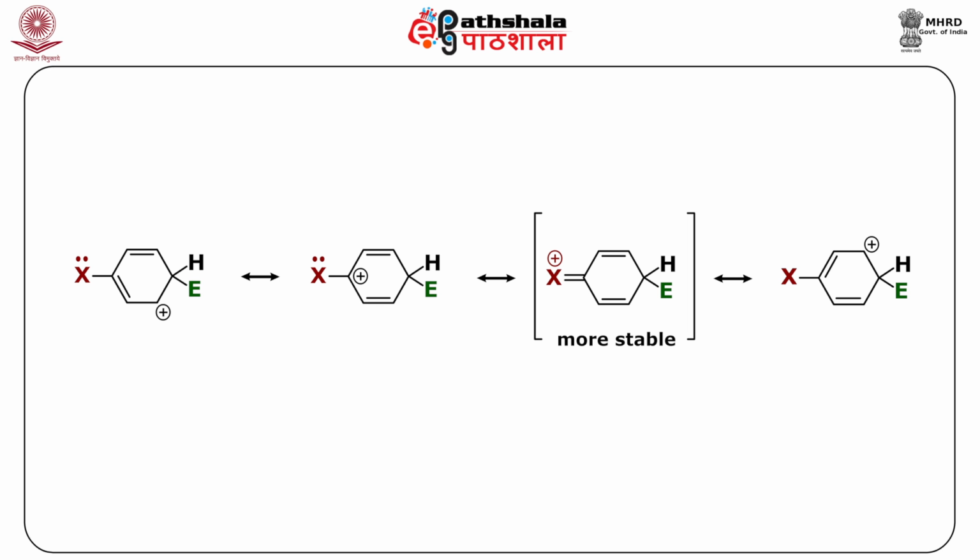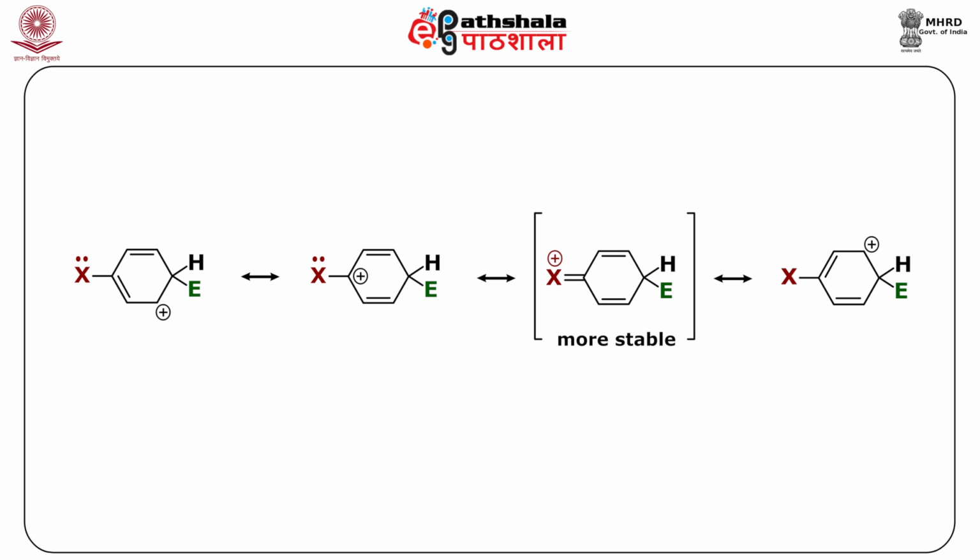The canonical forms of the sigma complex for para electrophilic attack are shown here, and you can see that para is the most stable of all the Wheland complexes that you can make here, and thus these groups, that is the halogens, are deactivating but ortho-para directing.